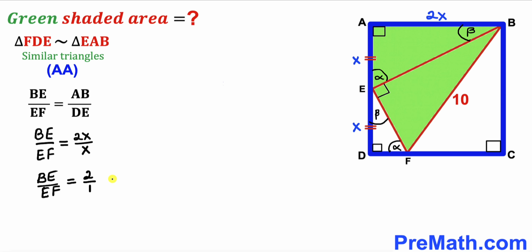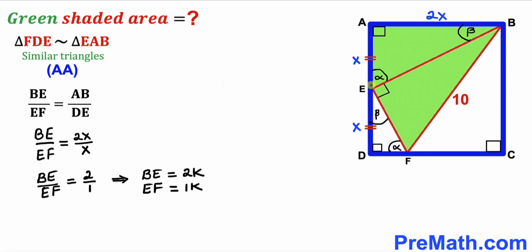So we conclude that this BE segment length is equal to 2 times some constant k, and likewise the EF segment length is equal to 1 times some constant k as well. Now our task is to find the value of the constant k.